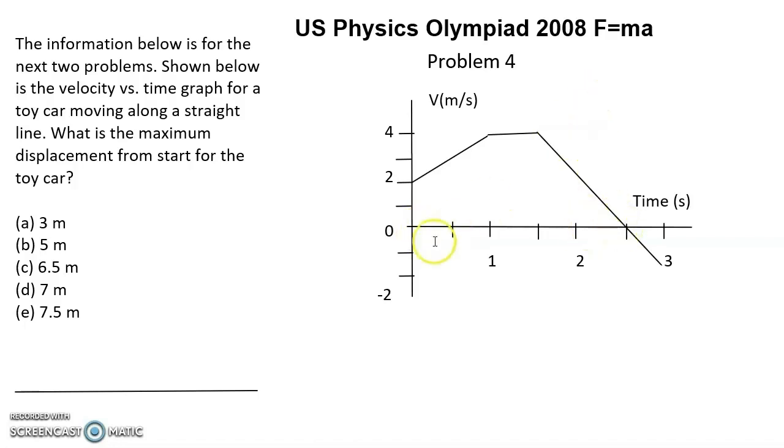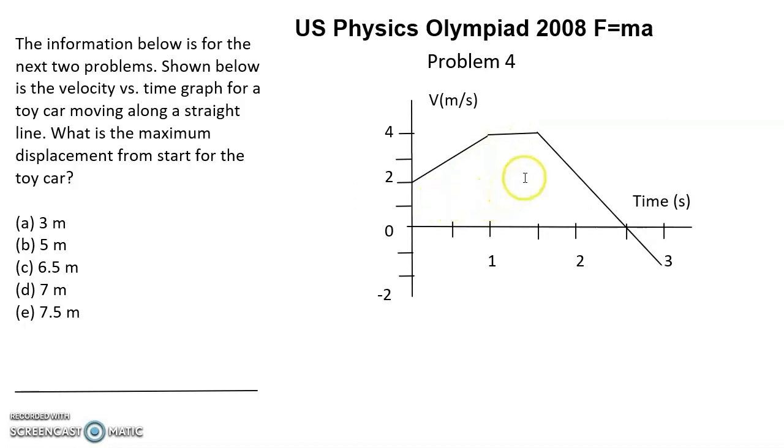Let's count it. From 0 to 1, that will be 2 and 4. That's half. Average of this is 3. So it's total 3 here. From 1 to 1.5, we have 0.5 multiplied by 4, which is 2. So here we have 3 and here we have 2.